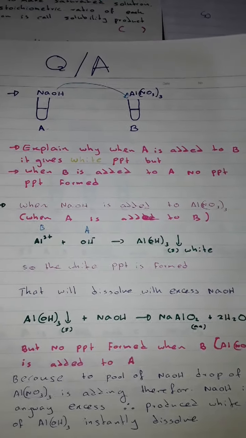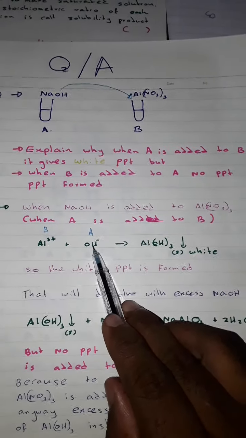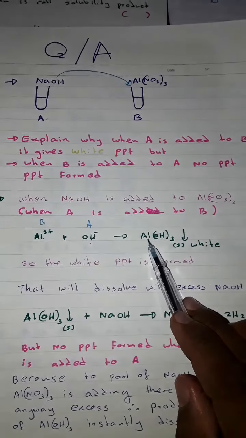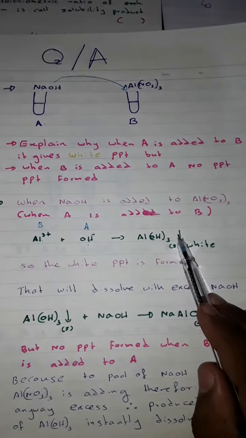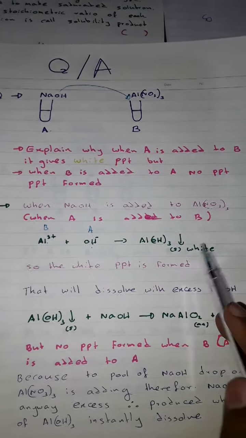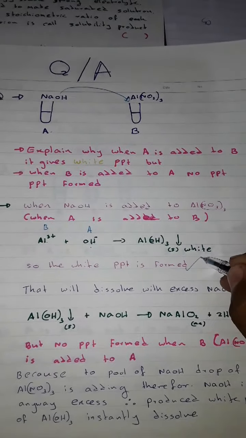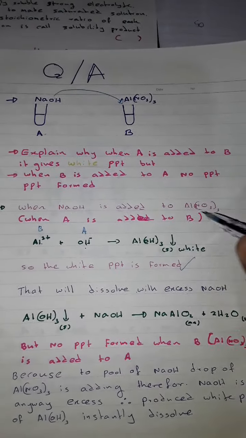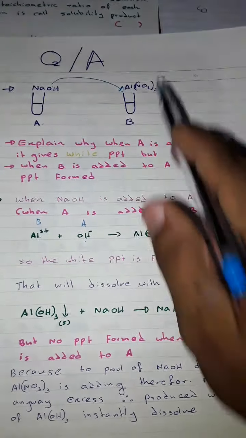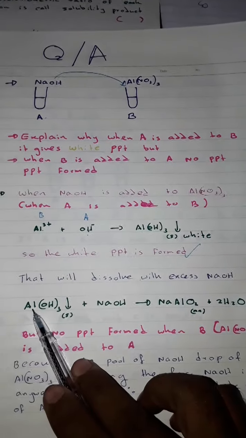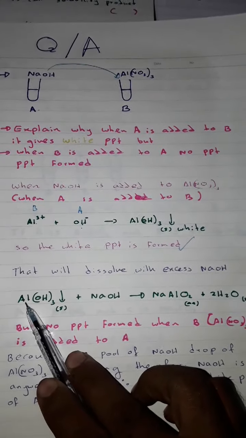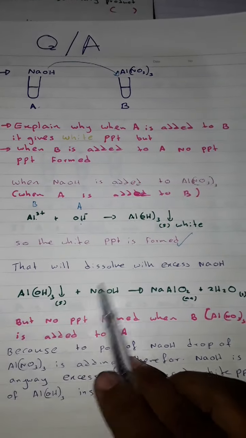it gives a white precipitate. How? Sodium hydroxide means OH- is added to Al3+, so you know it makes Al(OH)3, which is a white precipitate, right? So that's how the white precipitate is formed, right? But if I add drop by drop more and more sodium hydroxide, then aluminium hydroxide, an amphoteric hydroxide, as I explained in the last video, dissolves in excess sodium hydroxide.